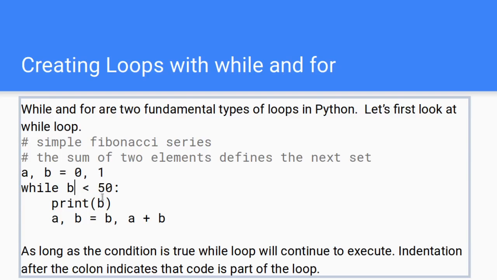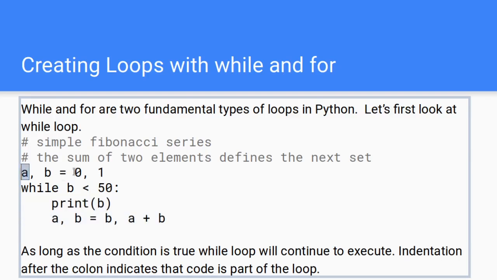The first time it comes through, it will enter the loop, and it will print the 1, and then it will set A to B and increase B by A. Right? So after this statement, A will now equal 1.